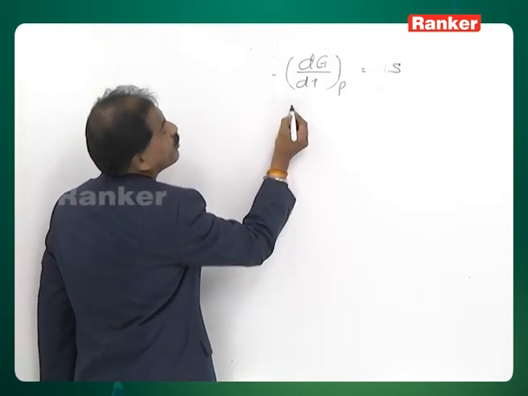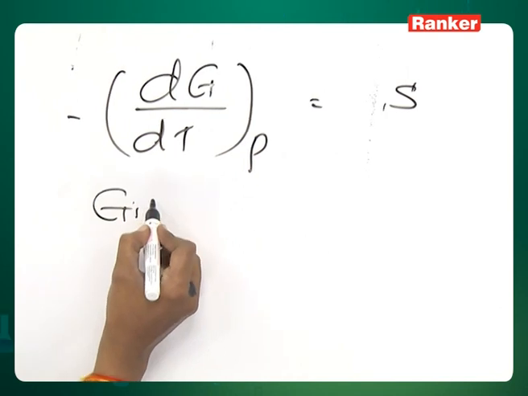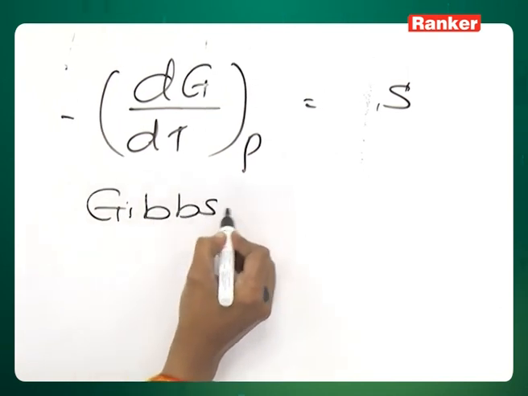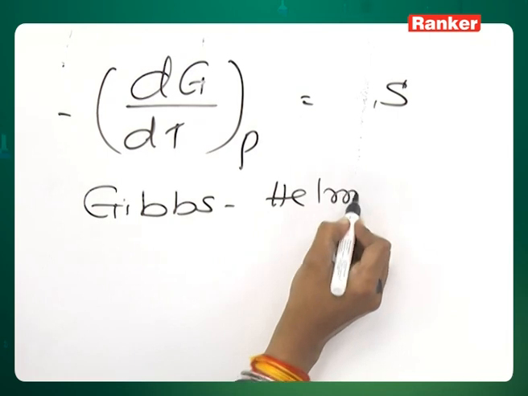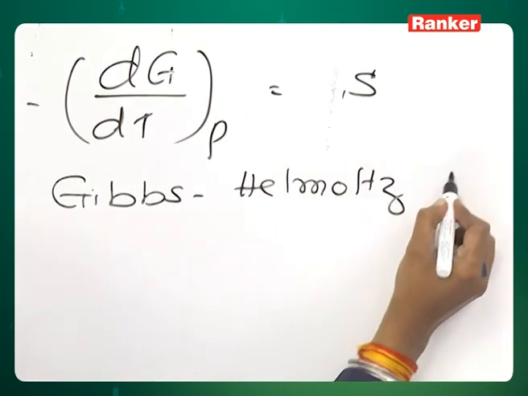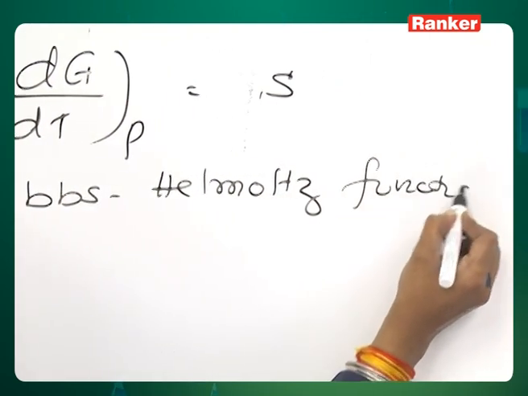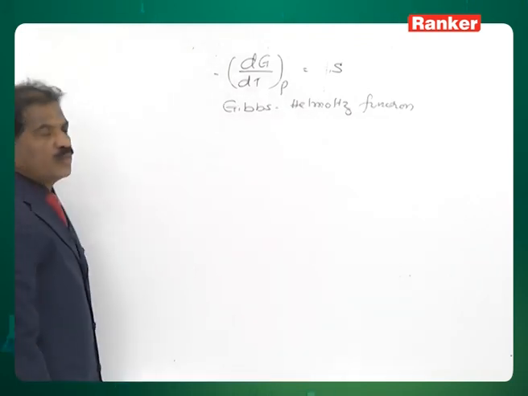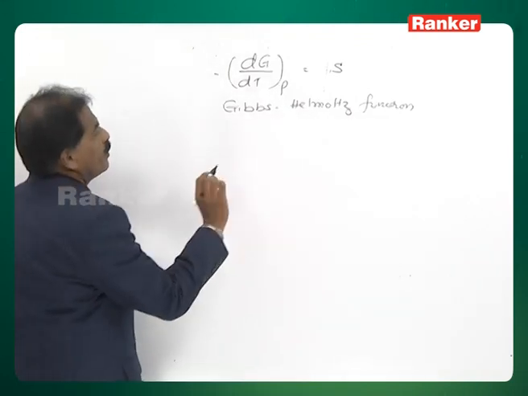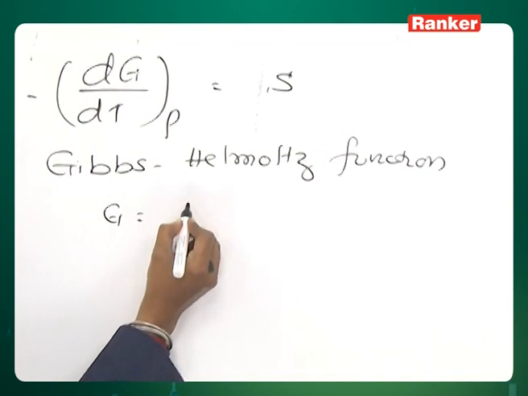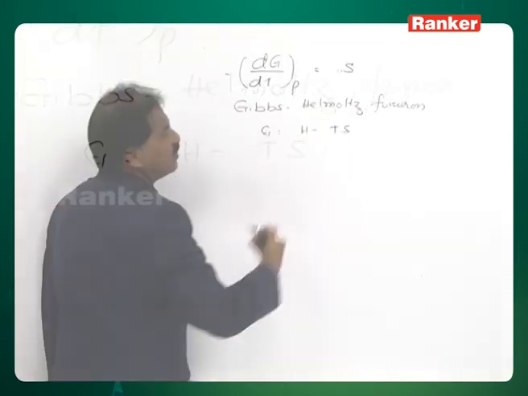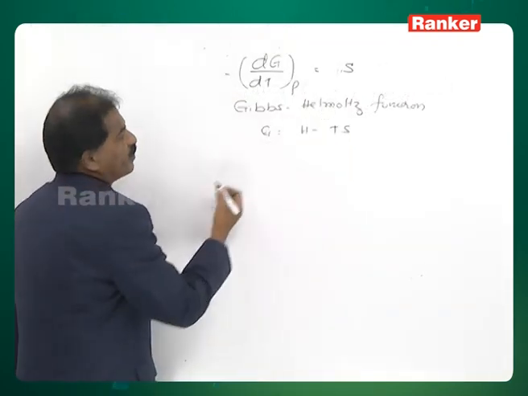Next, the Gibbs-Helmholtz function. This expression G is equal to H minus TS is called the Gibbs function.